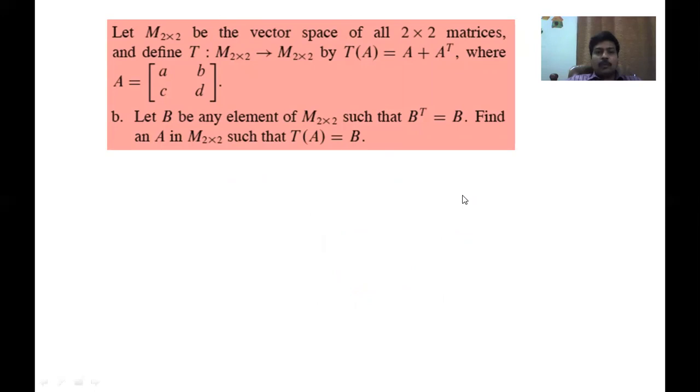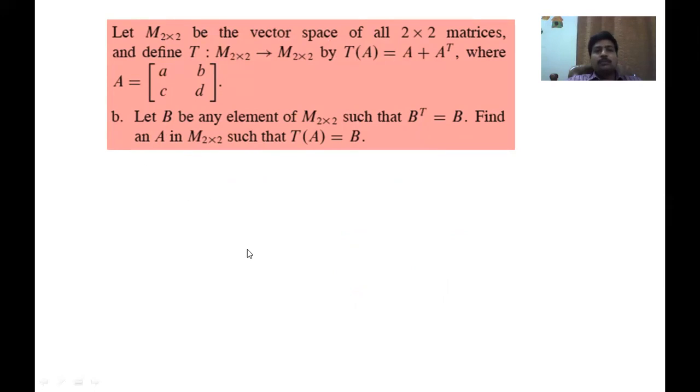Let us move on to one more point. The matrix is the same: M2 by 2, the set of all 2 by 2 matrices, which is a vector space. And T of A is given as A plus A transpose.